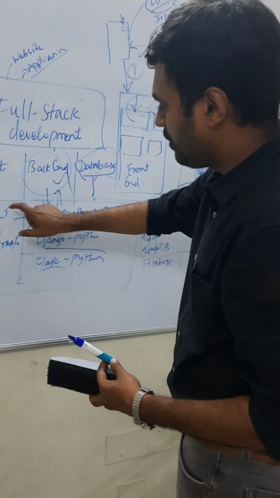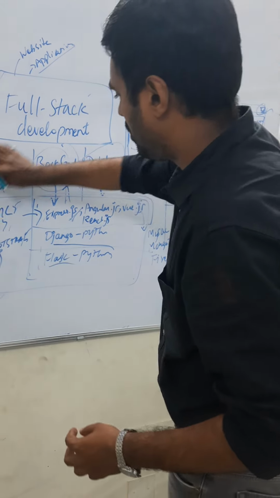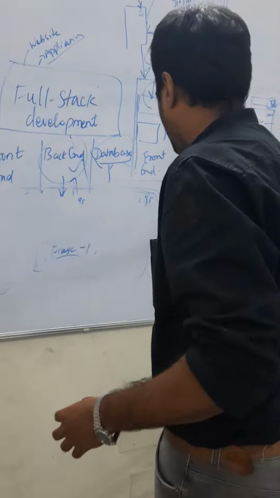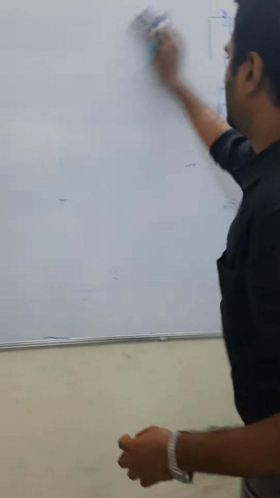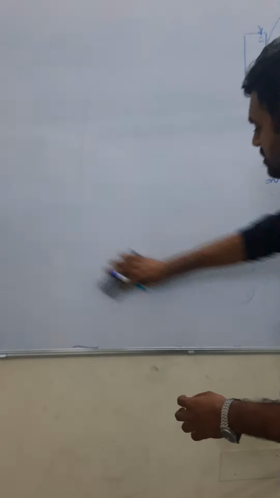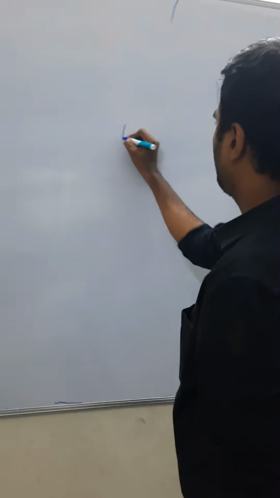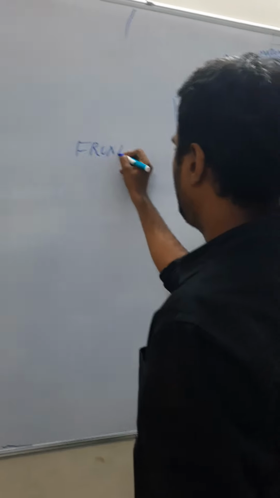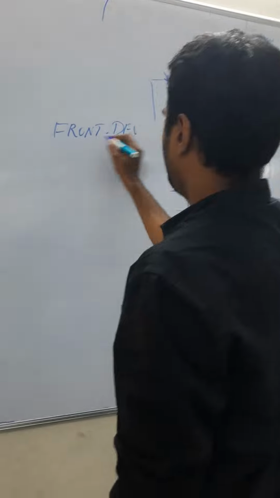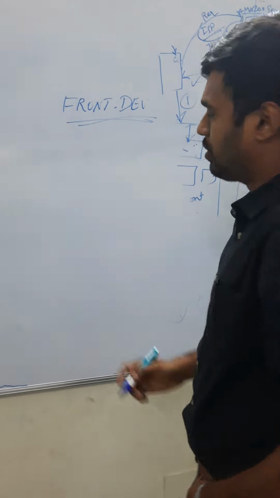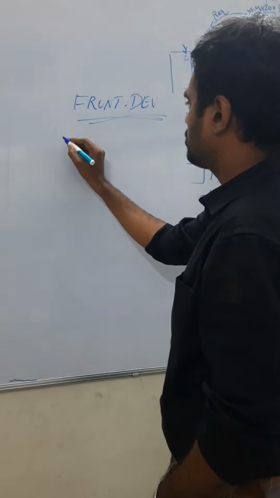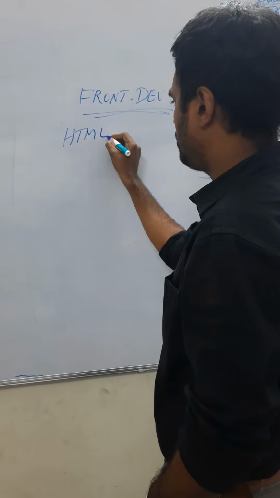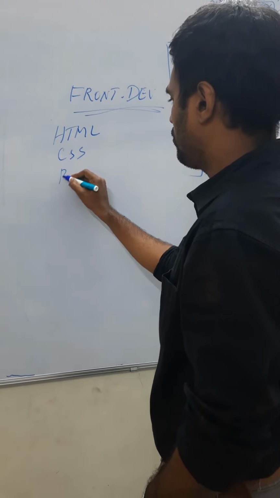So what we do, we are framing an internship on this front-end development. Okay, so as a beginning stage of full stack development, we are focusing on front-end development, where there are a lot of vacancies for front-end developers also. So front-end developers basically need to know HTML, CSS, Bootstrap.